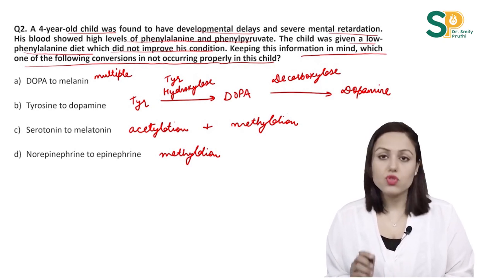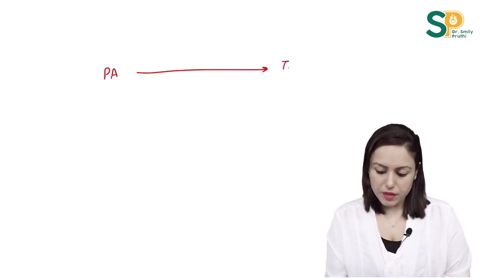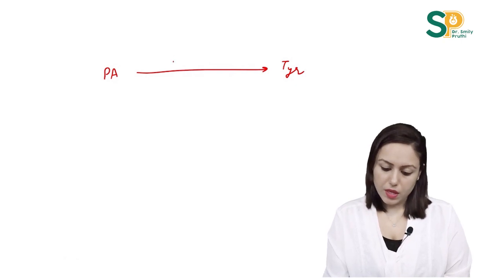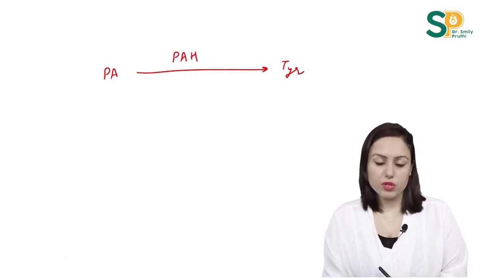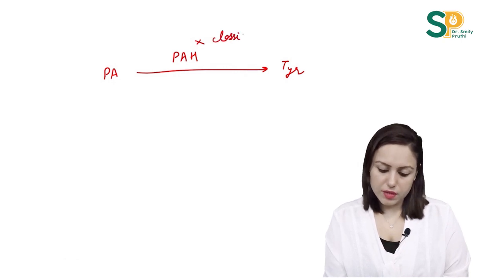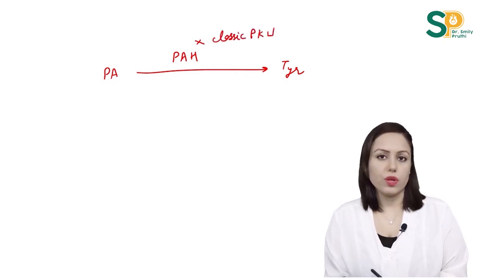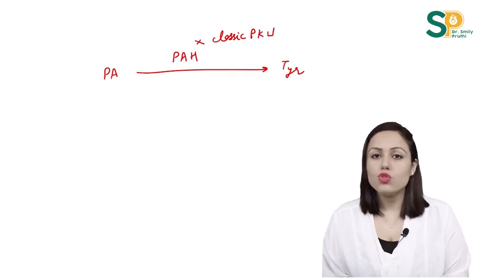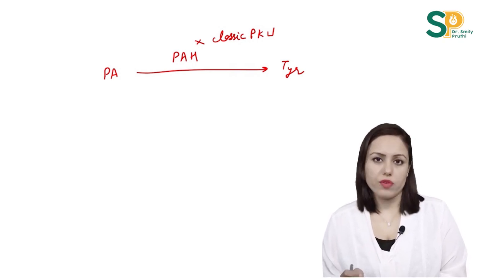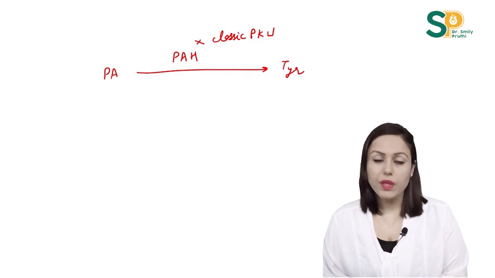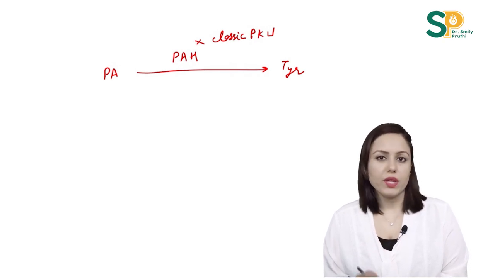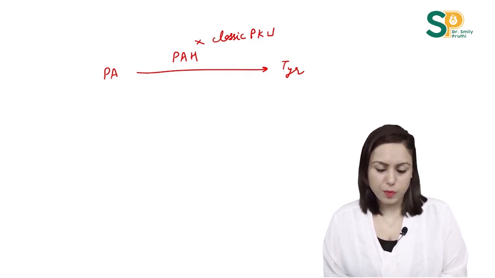First, let's see what is non-classic phenylketonuria. See, phenylalanine gets converted to tyrosine. The enzyme is phenylalanine hydroxylase. If this enzyme is defective, it is classic phenylketonuria. Okay. Two more things are also required in the conversion of phenylalanine to tyrosine, that is tetrahydrobiopterin and NADPH.